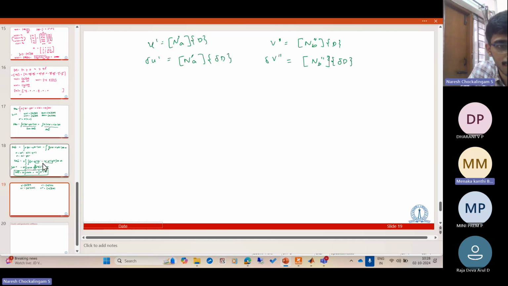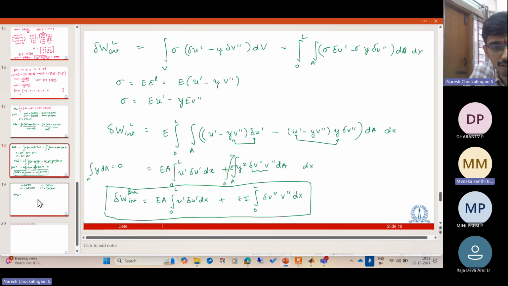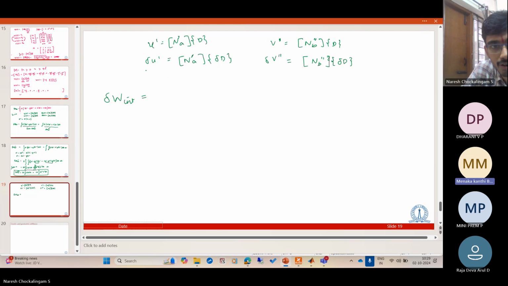So substitute this into this expression, we get del W internal is equal to u dash del u dash. There's a slight thing here. The net result has to be a scalar, right? So this is a scalar, this is another scalar, and the net result has to be a scalar.